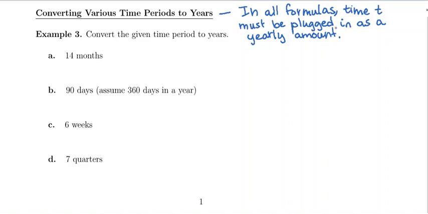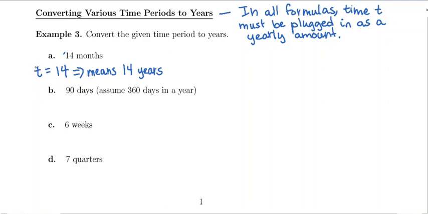If you had a problem where the time period was 14 months and you automatically wrote down t equals 14, this is not correct. When you plug into the formula, time is considered to be a yearly amount. So t equals 14 means 14 years, not 14 months. Don't make that mistake.